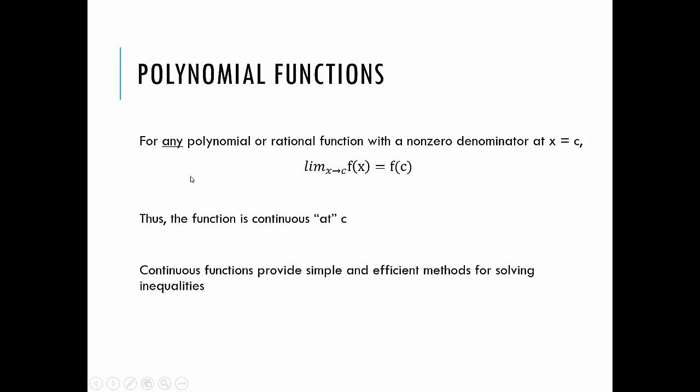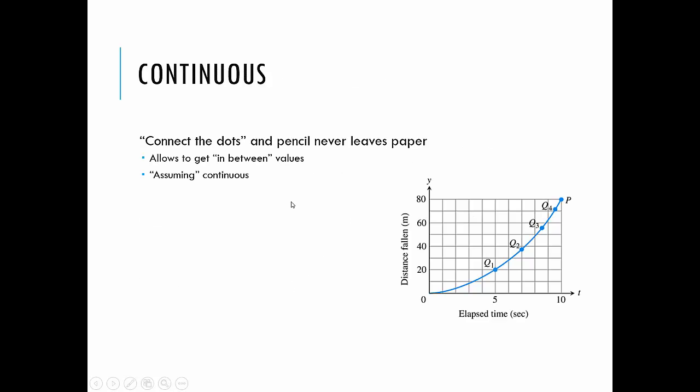Well, because polynomials and rational functions with non-zero denominators are continuous functions, the function is continuous at c, and we like continuous functions because there are a lot of tools where, if the function's continuous, it's very easy to make interpretations and see what's going on with the data.